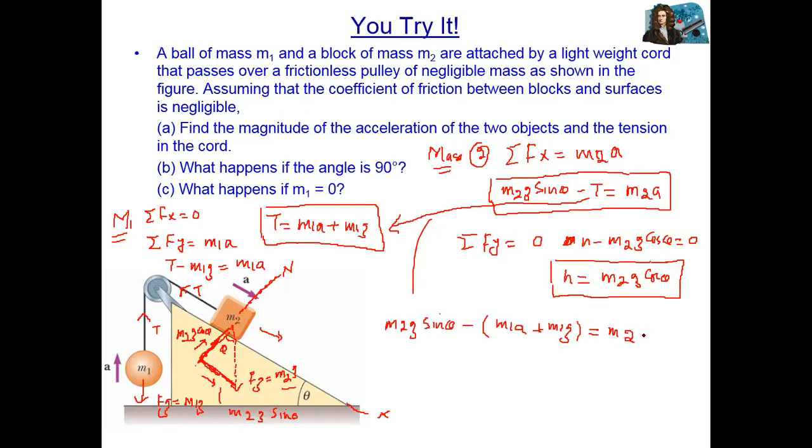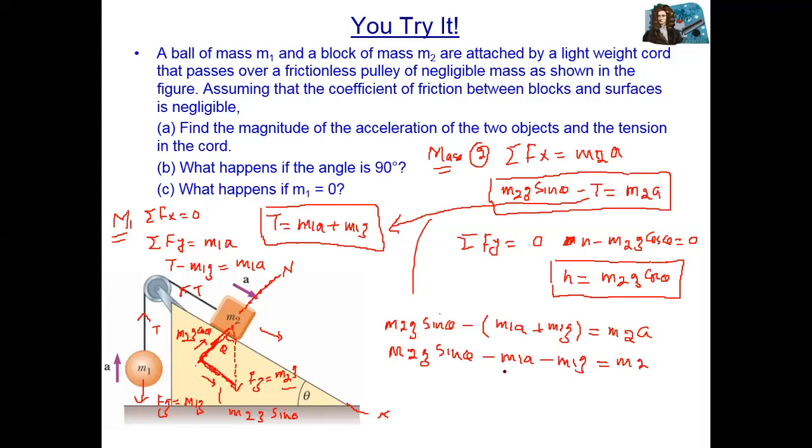We need to find the value of a. So we have m2g sine of theta minus m1a minus m1g, because of the minus multiplied with these two, equal to m2a.